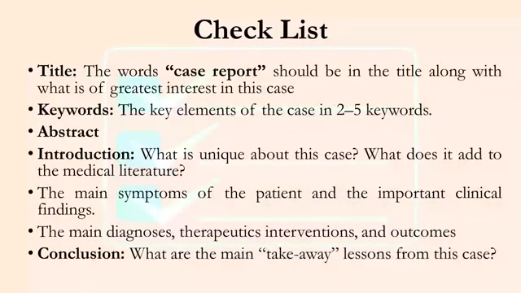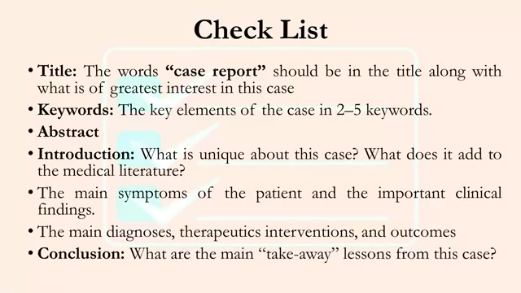Now it gives you a checklist. You can compare this checklist with your case and keep on improving your case writing. For example, the title: the words case report should be in the title, along with what is of greatest interest in this case. Those who have recently joined, we discussed the final criteria: the interest of the case, the completeness, the innovation of the case.